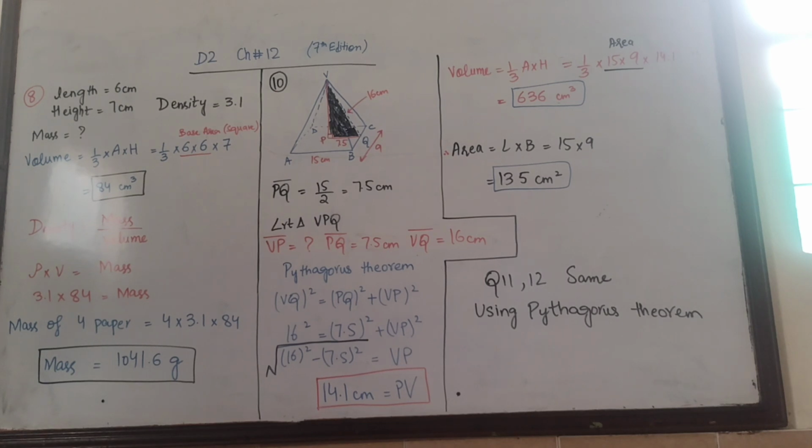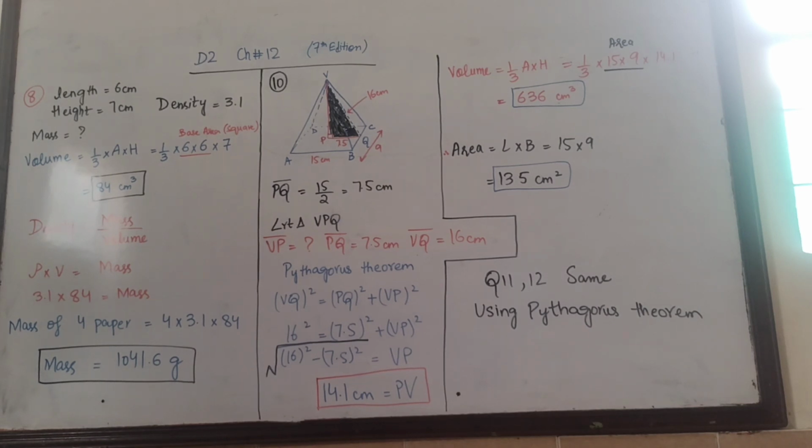In a right angle triangle, you can find one side by using the Pythagoras theorem, which is hypotenuse square is equal to base square plus perpendicular square. Here I have put the values, and to find VP, 7.5 square, which is added on the right hand side, will be subtracted when it goes to the left hand side.